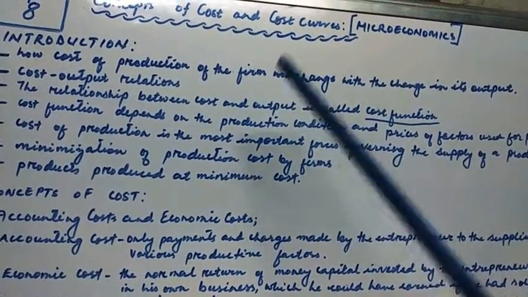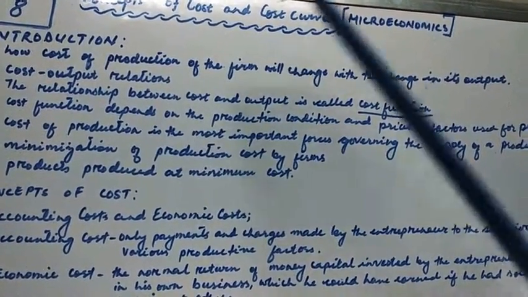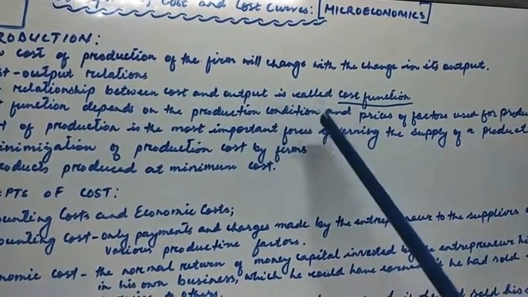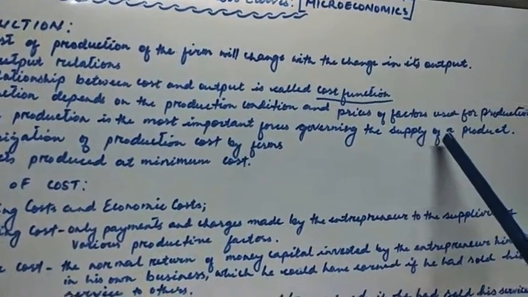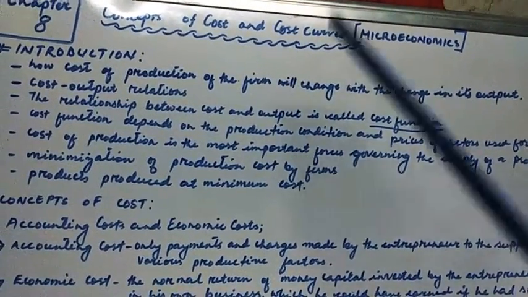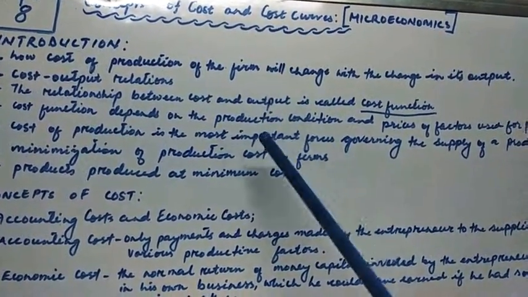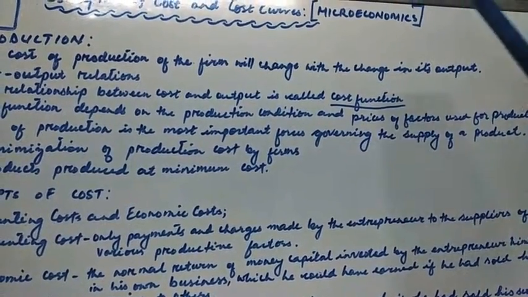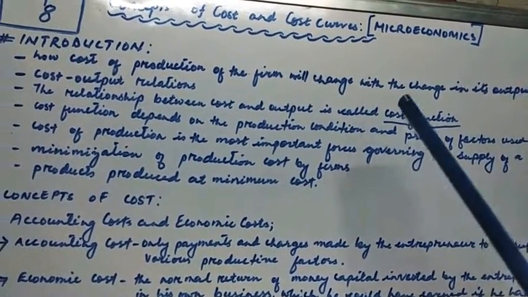Depending on the cost of production, a producer, a firm will supply the particular product accordingly.